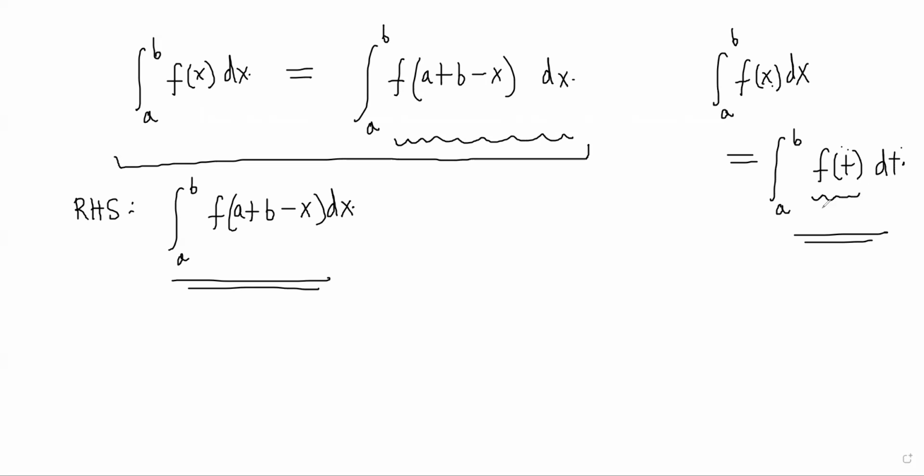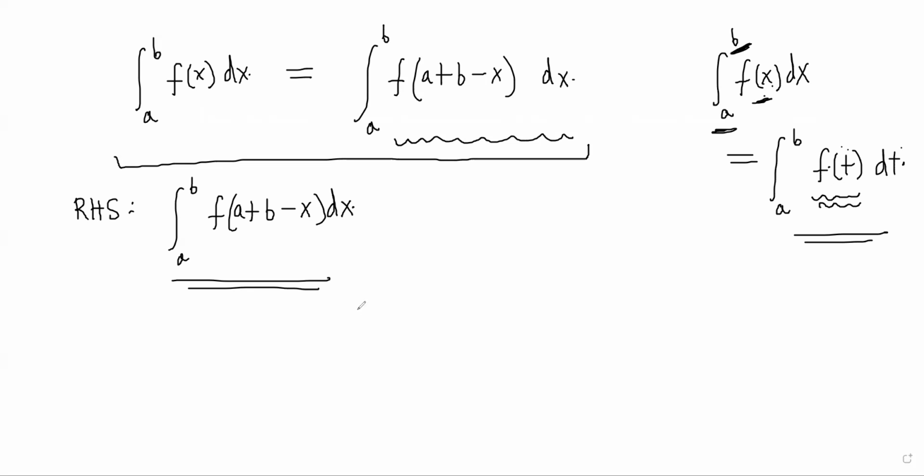The function will still look the same. The area under f of t with the t axis will be the same as the area under f of x in the x axis. As long as the limits are the same, the nature of the variable doesn't matter. If the function is the same, the area will be the same, right?